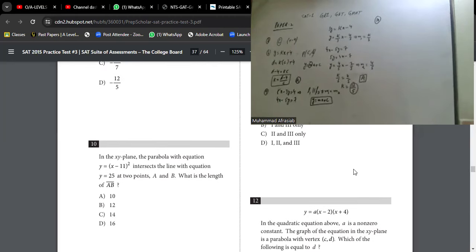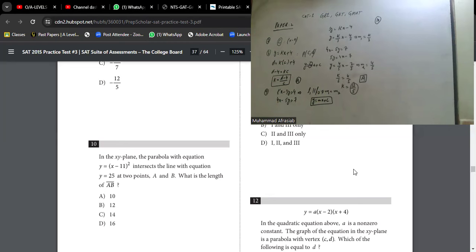In the xy plane, the parabola with the equation y is equal to x minus 11 whole square intersects the line with the equation y is equal to 25 at 2 points A and B. What is the length of AB?